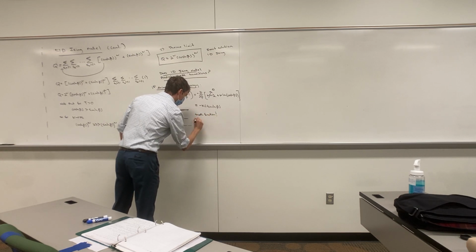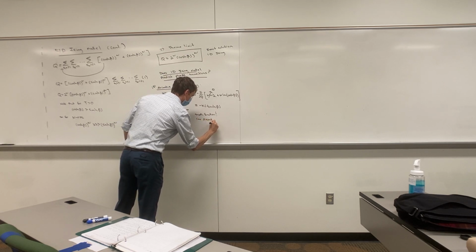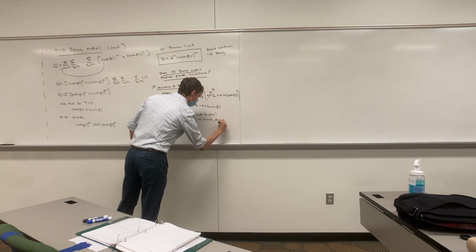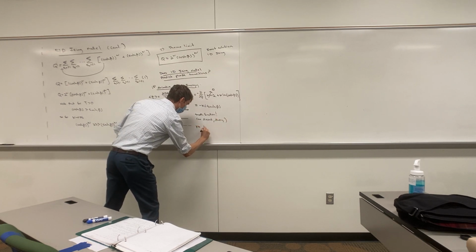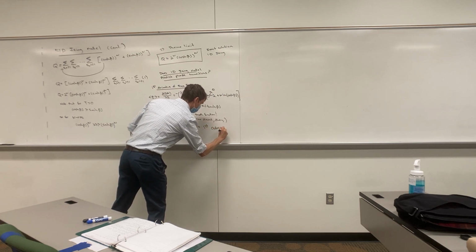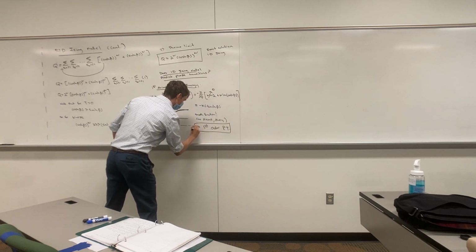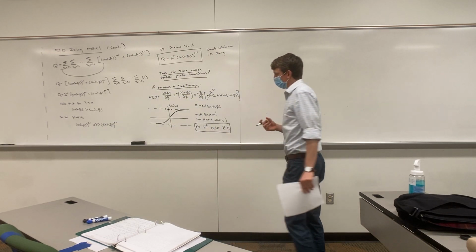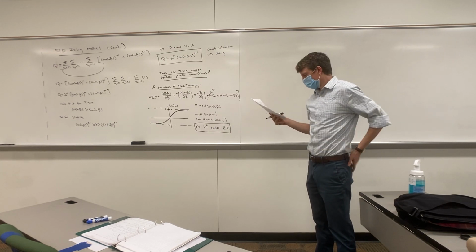No discontinuity or divergence. So there's no first order phase transition in the 1D Ising model. Okay, that's what we learned by taking this derivative.